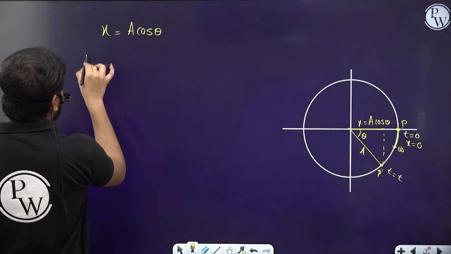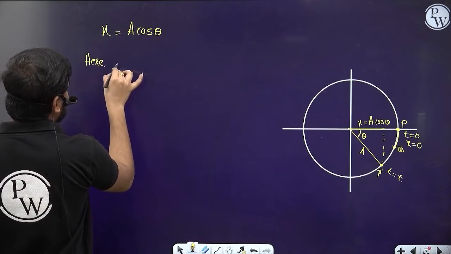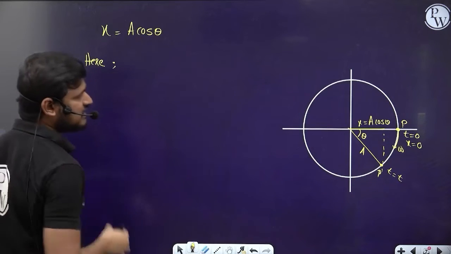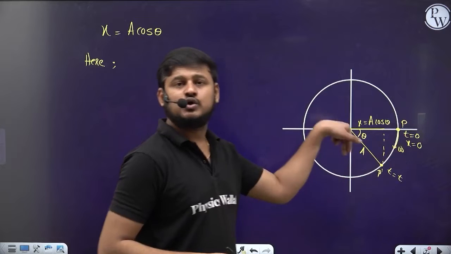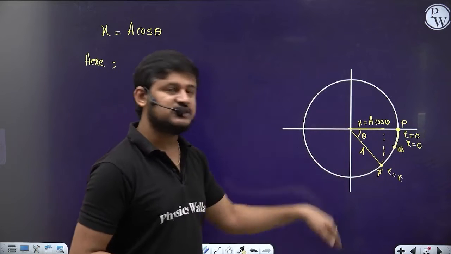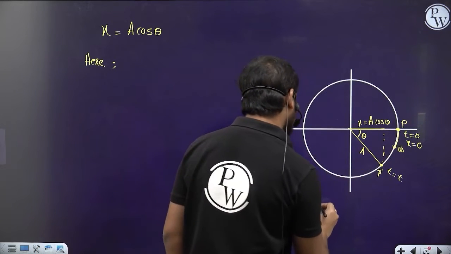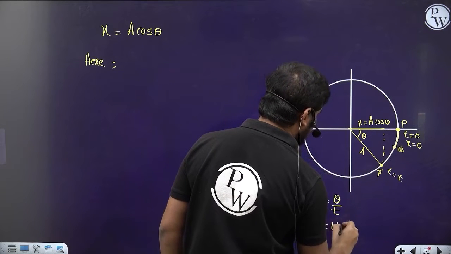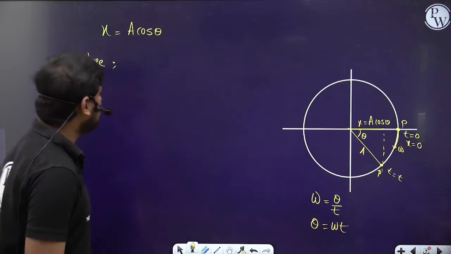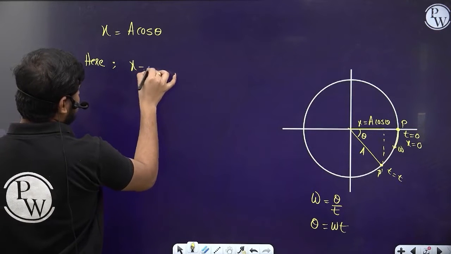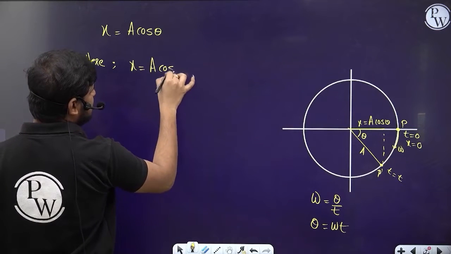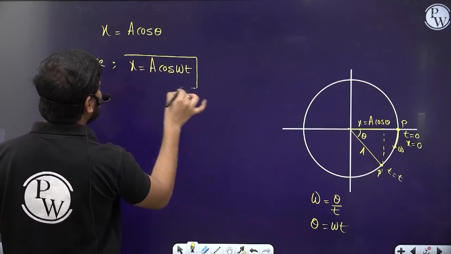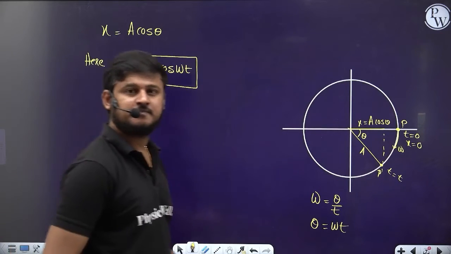Now here we know that theta is equals to what? The particle is undergoing S.H.M with a uniform angular velocity omega. So theta by t is omega, from here theta is equals to omega into t. Therefore I can write x is equals to A cos omega t. Have you observed this equation previously?